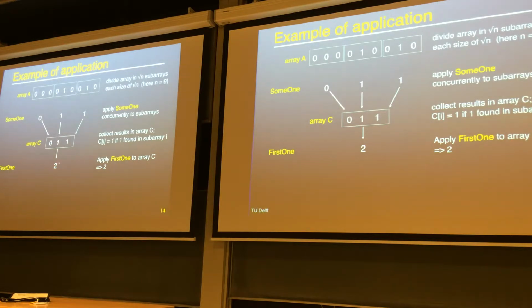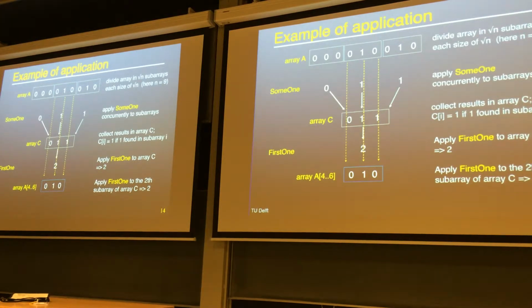Applying find1 returns 2. That means I have to look in my second array. And more precisely, I have to come up with the index positions of the array A that I have to investigate in order to find my first one. Well, these index positions are 4 until 6, and the subarray is 0, 1, 0.